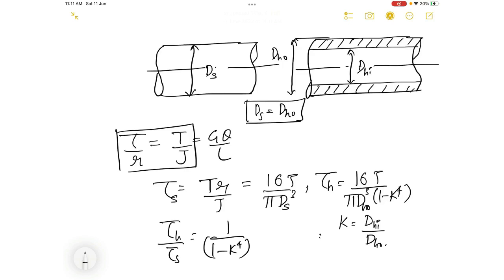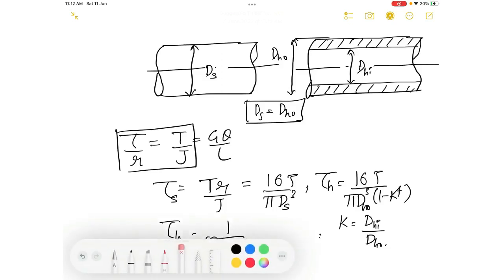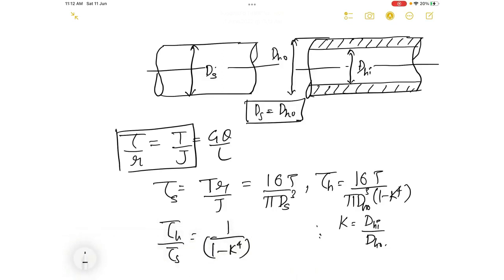So ultimately we directly conclude that in case of hollow shaft the stresses are going to be higher, provided the outer diameters are the same.